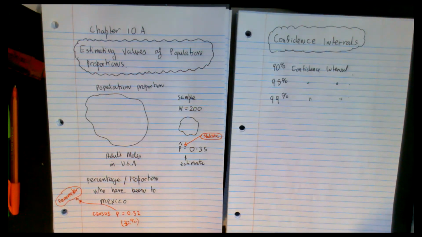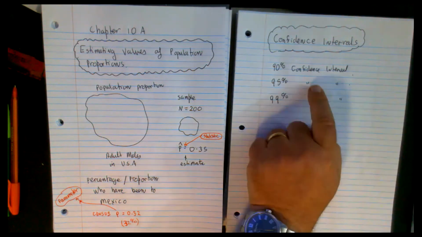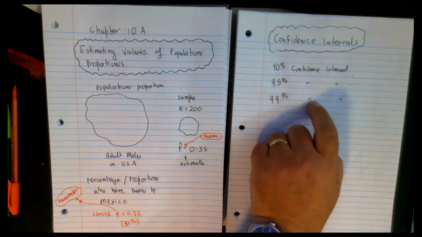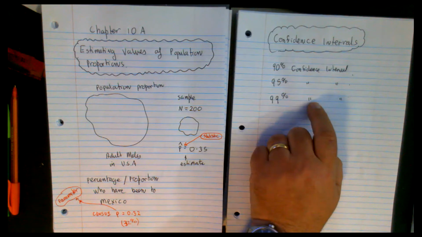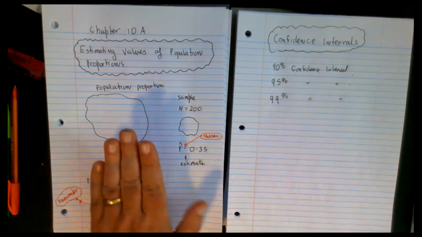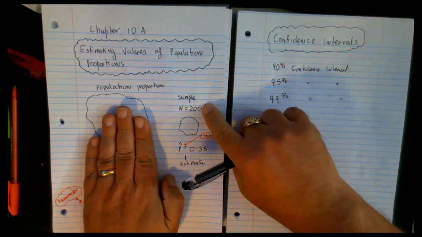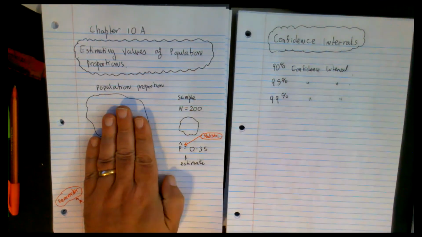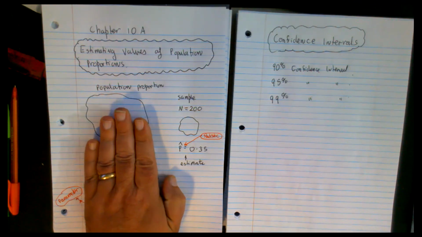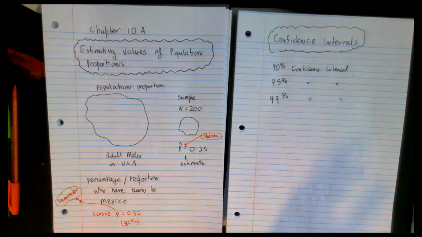And we can calculate these confidence intervals if all you tell me is the sample size and what our estimate, our p-hat, is. Just with those 2 numbers and nothing else, we can create what's called a 90, a 95, or a 99% confidence interval.